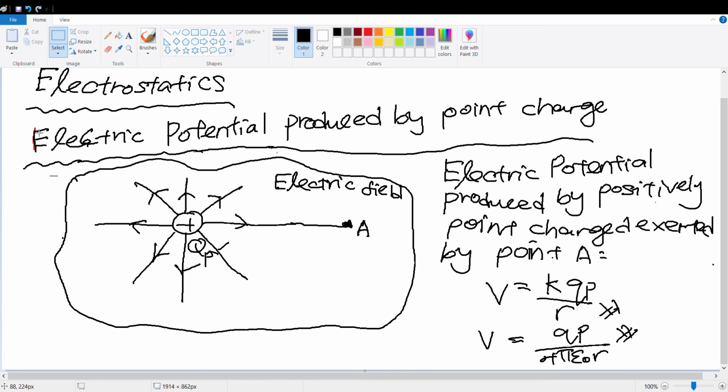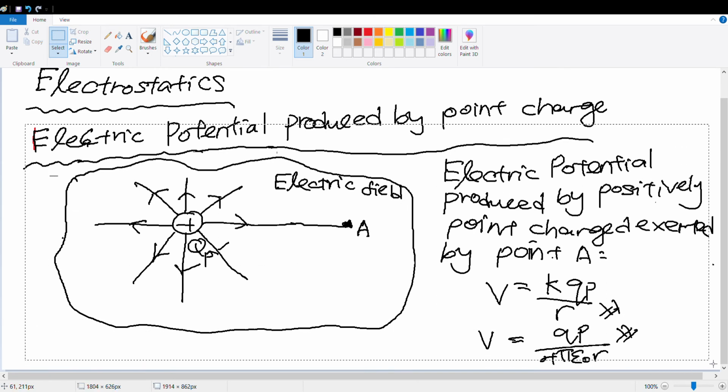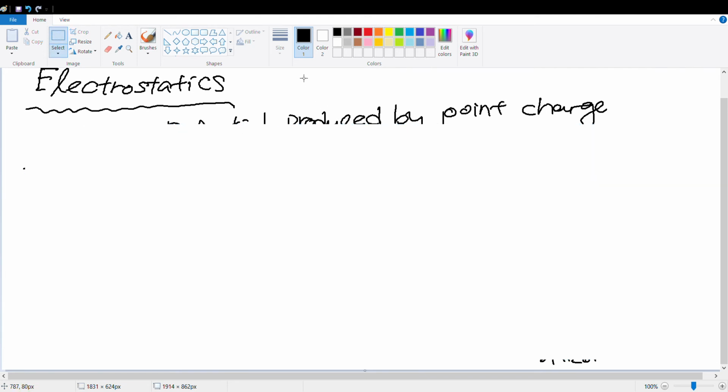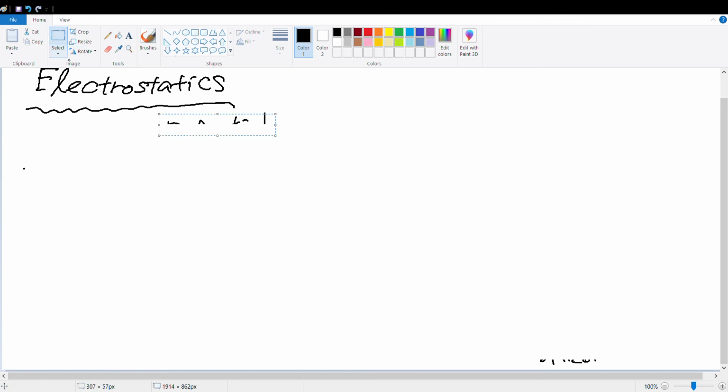Okay, so let me erase this one. So assume I have multiple charges. Let's say this is the point X. So this is Q3 and this is Q1 and this is Q2.